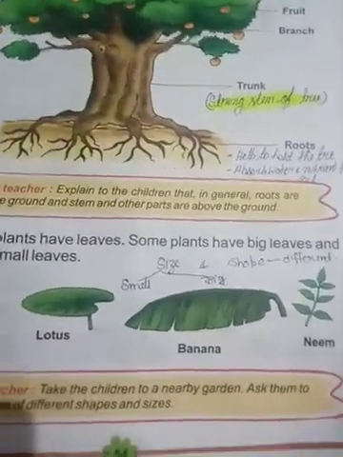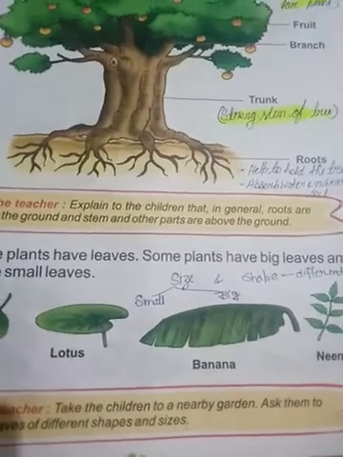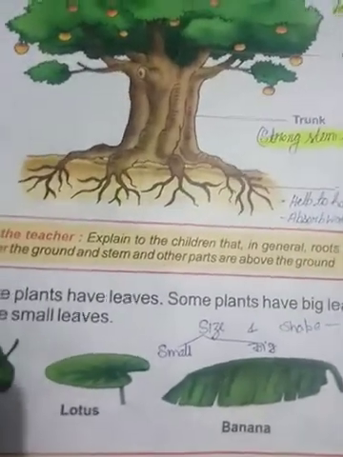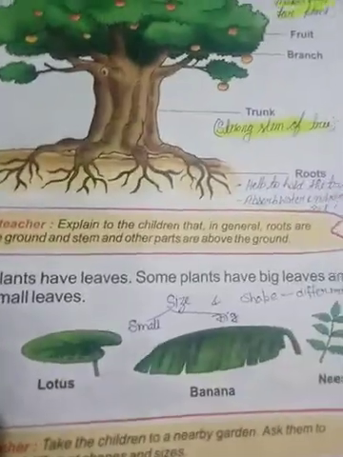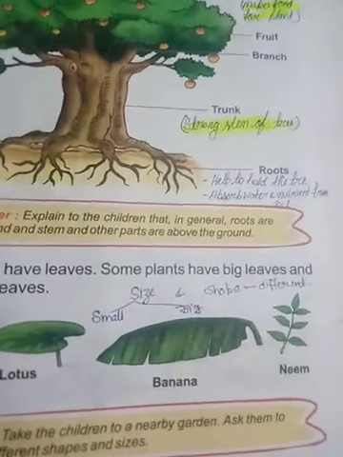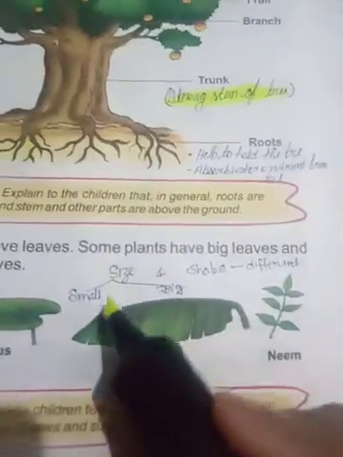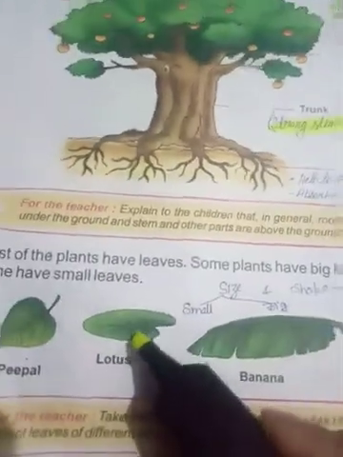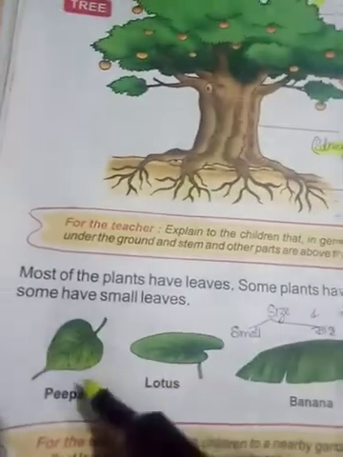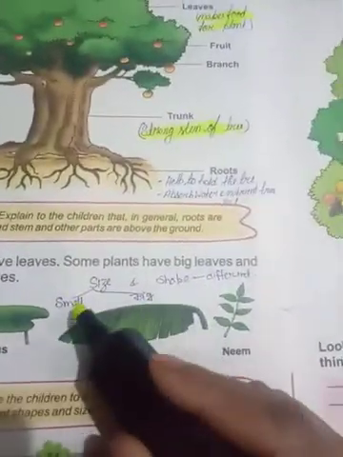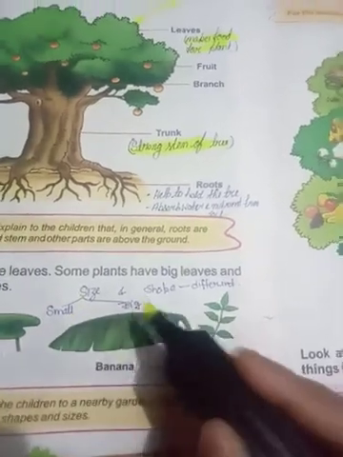Rose you have seen, marigold you have seen, mint, money plant. If you see the leaves, you will find that they are of different sizes. Some are very small, some are very large. Like this banana leaf, you can see how big it is. This lotus floats on the water and is of medium size, but the neem leaves are small in size. So size differs from very small to very big.